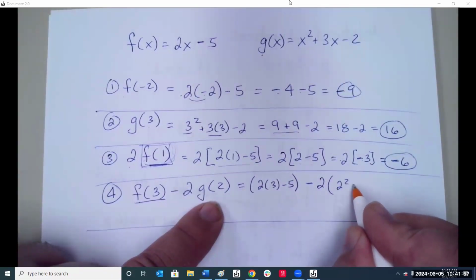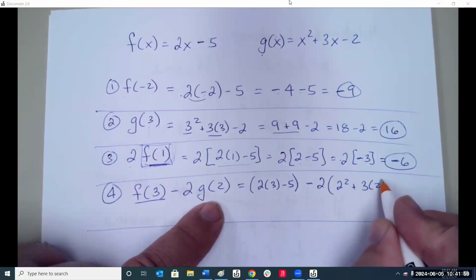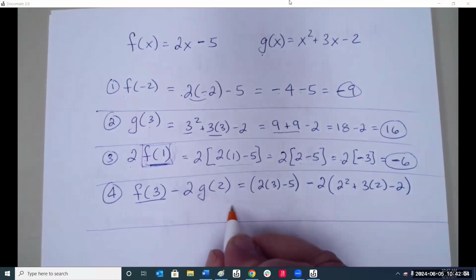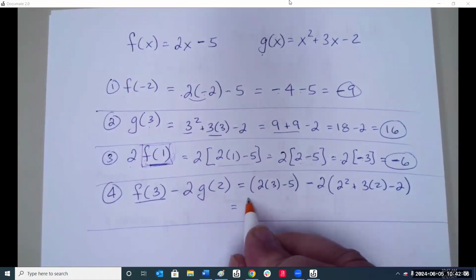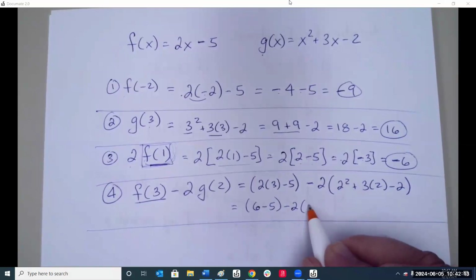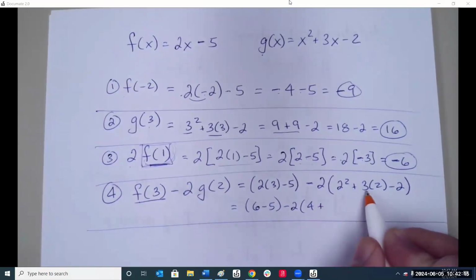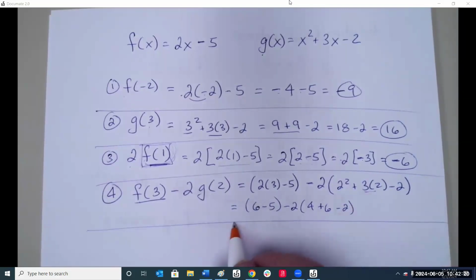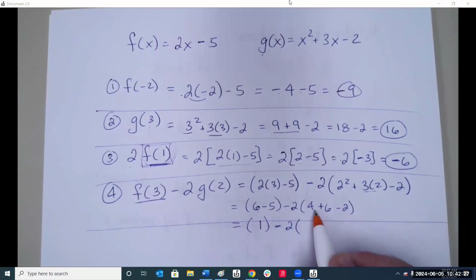So it's 2 squared, 3 times 2 minus 2. 2 times 3 is 6 minus 5. 2 squared is 4. 3 times 2 is 6 minus 2. 6 minus 5 is 1. 4 plus 6 is 10. Minus 2 is 8.